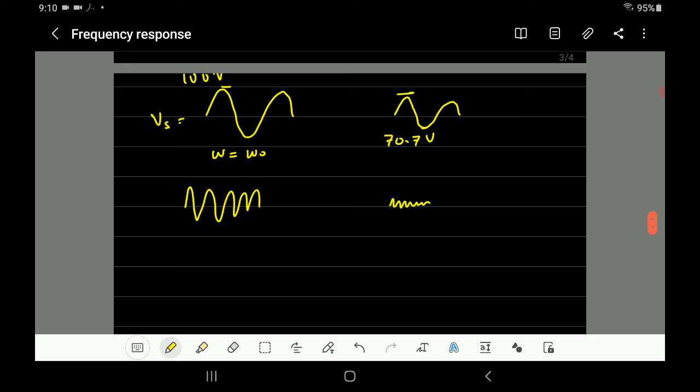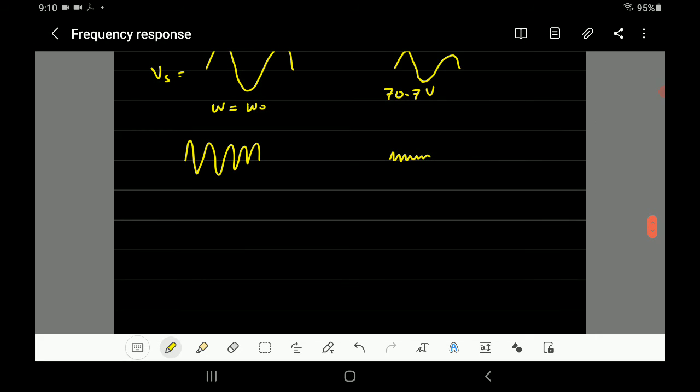What about the phase? Well, let's write the equation again and see what happened to the phase. H of omega is equal to 1 over 1 plus j omega over omega naught.